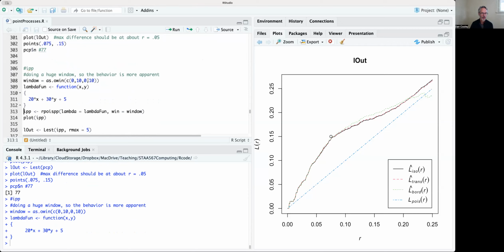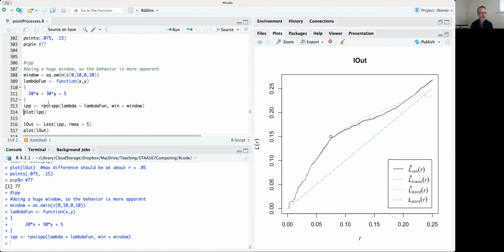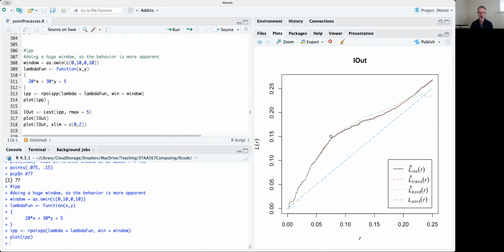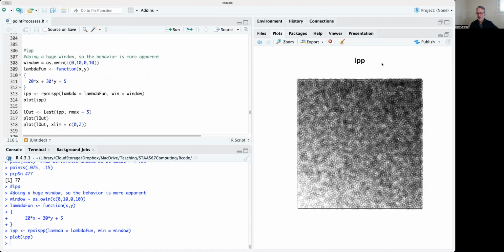I've done it on a very large window from 0 to 10, which gives us enough range in X and Y to really see the inhomogeneity of the Poisson process. And so this should be a slam dunk example of it.